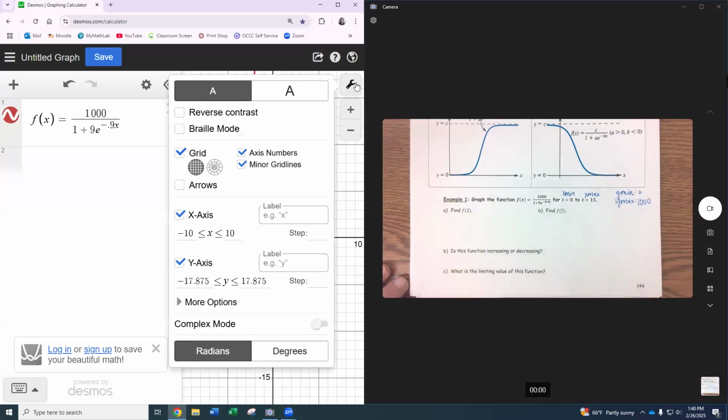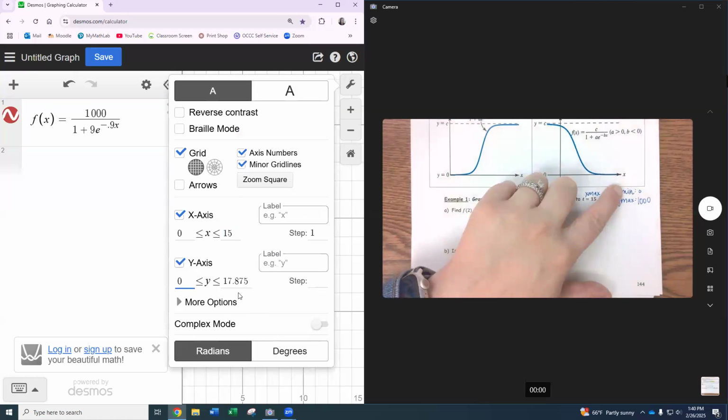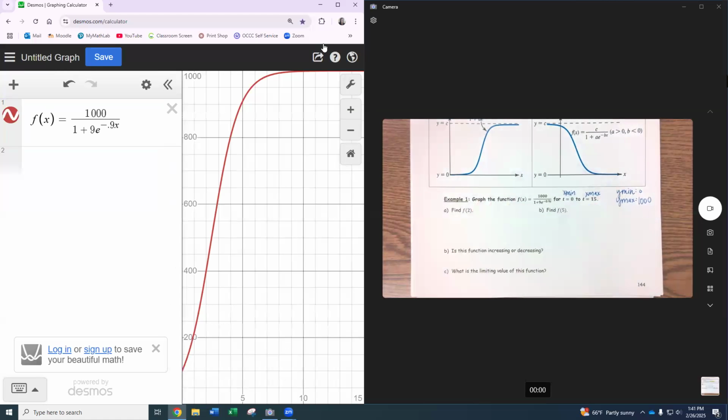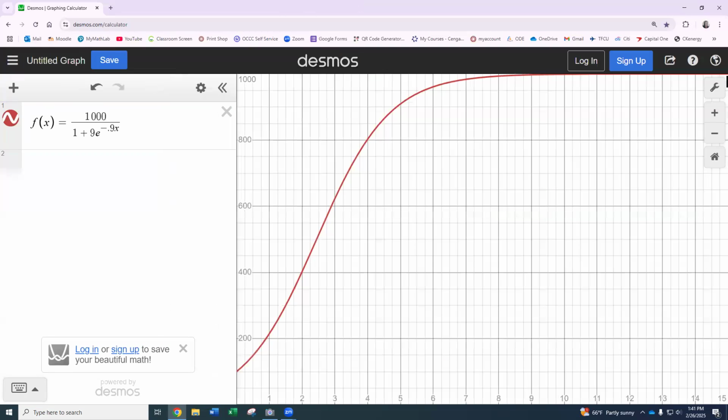We'll change our viewing window. We're going from 0 to 15, with a step of 1, and 0 to 1000, with a step of 10. So here is my logistic model.